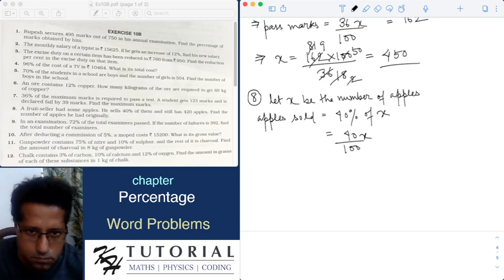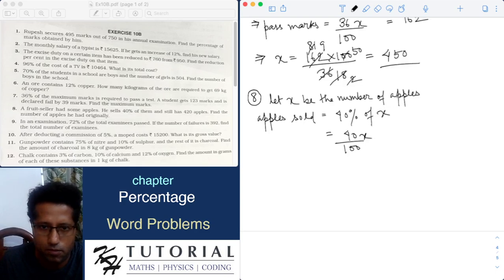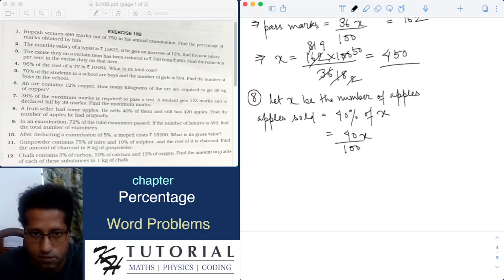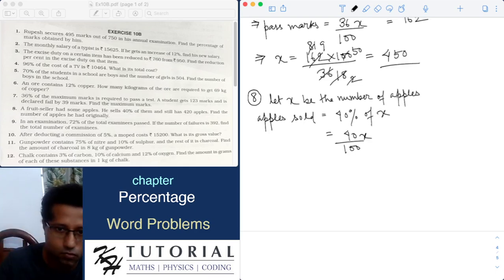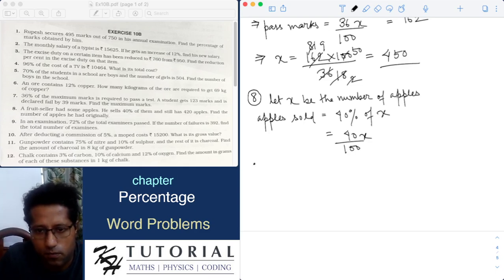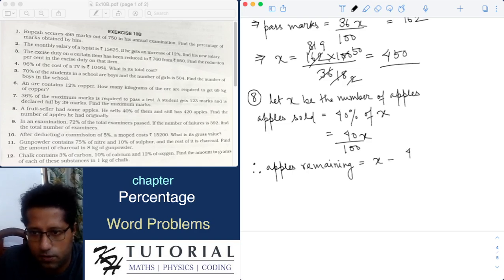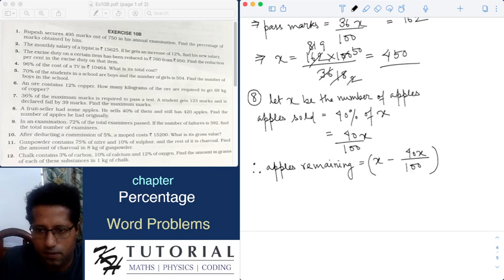Now the problem also says that after selling 40% of the apples, the fruit seller was still having 420 apples. Okay. So therefore apples remaining is x minus 40x by 100, since the total number of apples is x and apples sold is 40x by 100. This is given to be 420. We have to now solve for x.